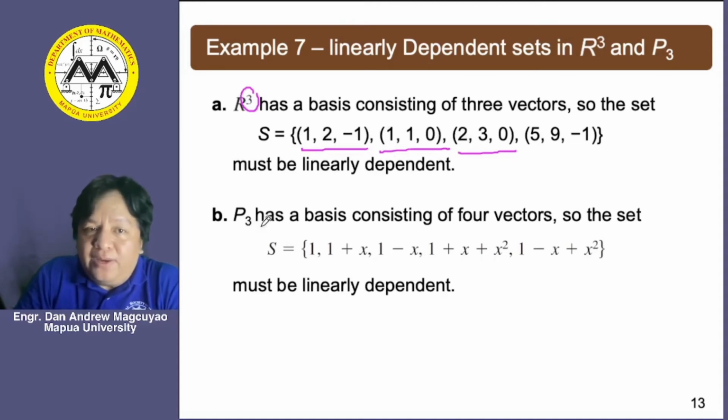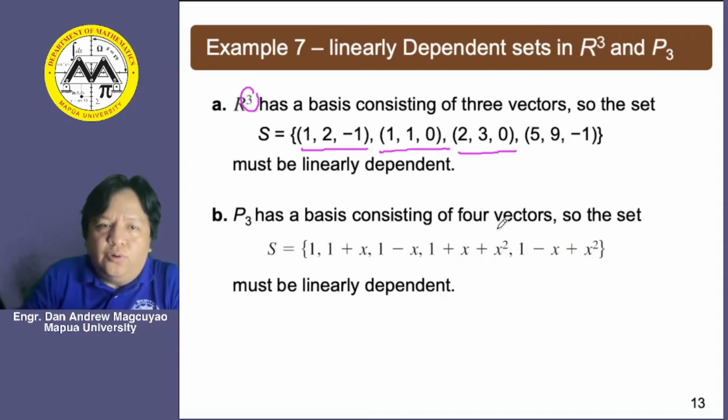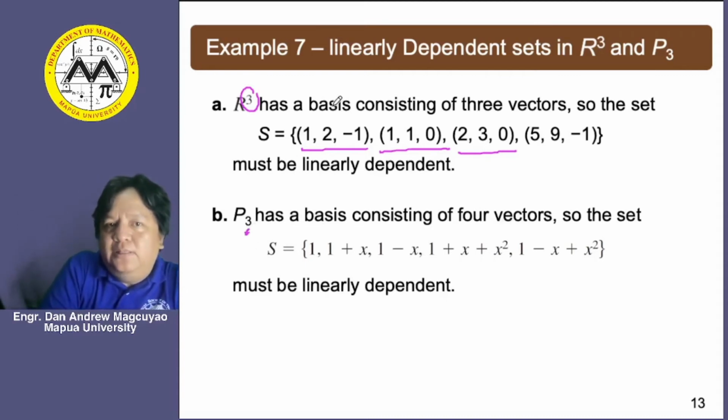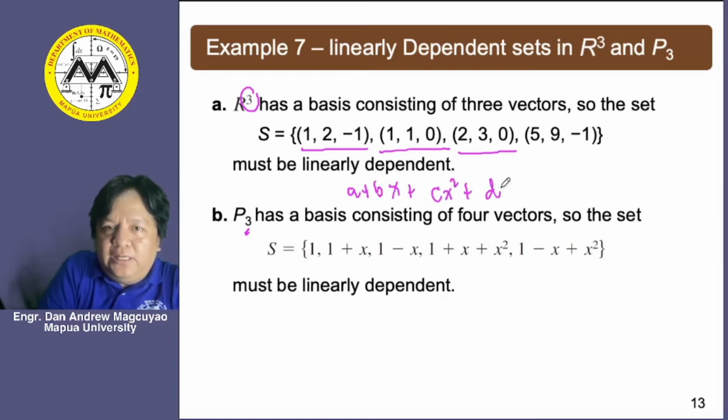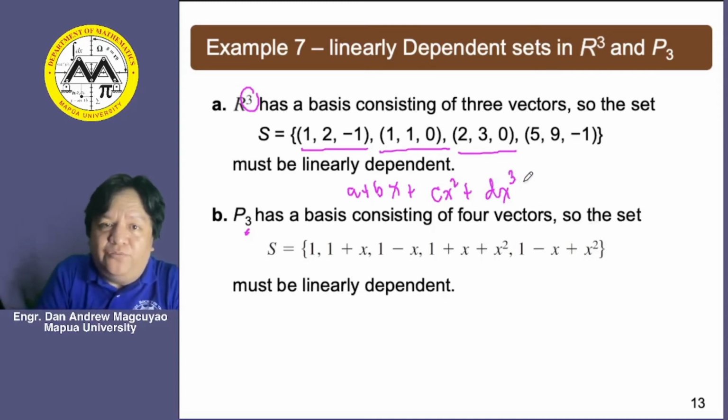Another one, P3 has a basis containing 4 vectors. So you have a plus bx plus cx squared plus dx cubed. This is P sub 3, a polynomial of degree 3. How many components does this vector have?